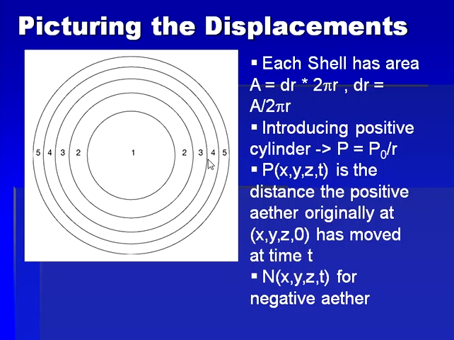Additionally, waves within the solid may also cause the ether to move away from its equilibrium position. To sum up, p of x, y, z, and t is the vector field that describes how far positive ether originally at a point x, y, z, and 0 has moved away from that point at time t, while n of x, y, z, and t is a similar expression for the negative ether.